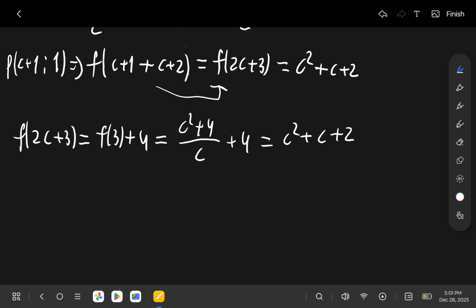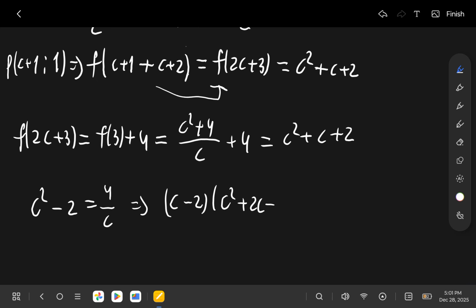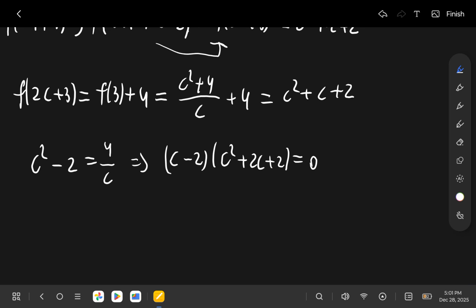Okay, from this we have c squared minus 2 equals 4 divided by c. So this is the same as (c minus 2) times (c squared + 2c + 2) equals 0.